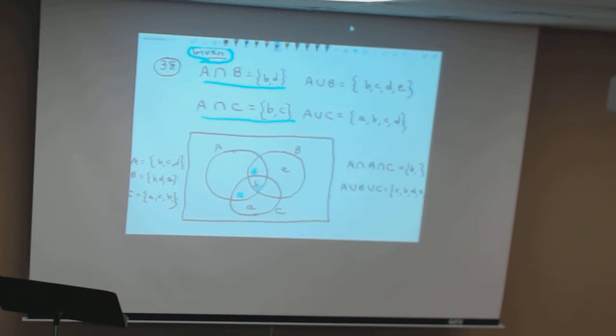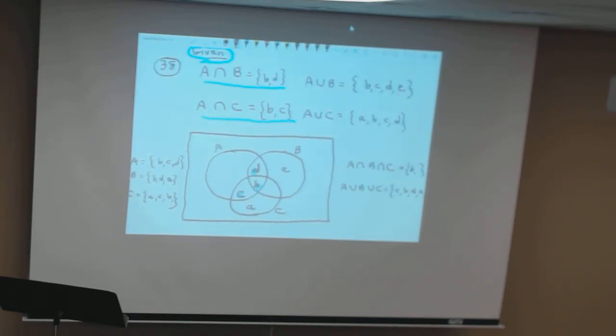It doesn't want to erase, huh? Okay, so I've got D. Let's go back to black again. So I've got D, and what was that? B and C? Yeah, I've got C and D and B.